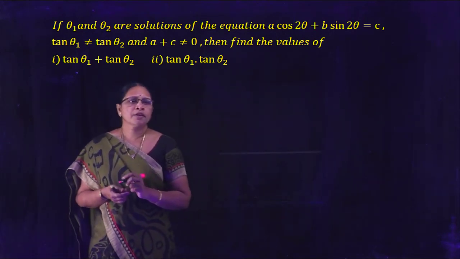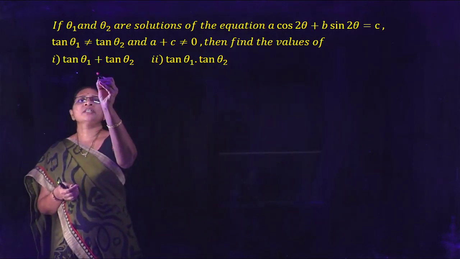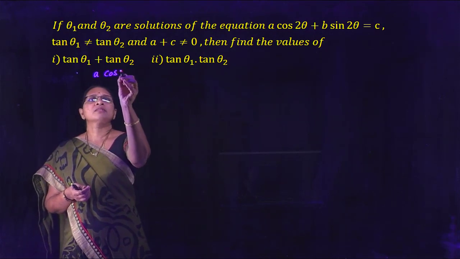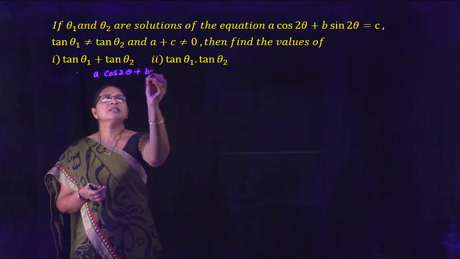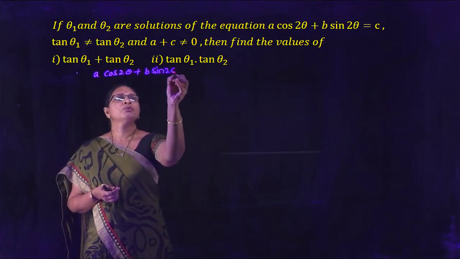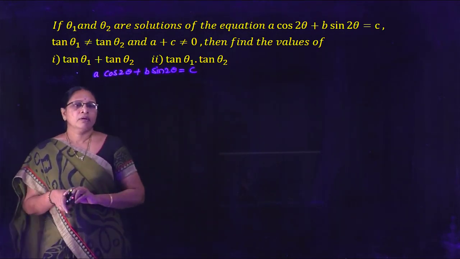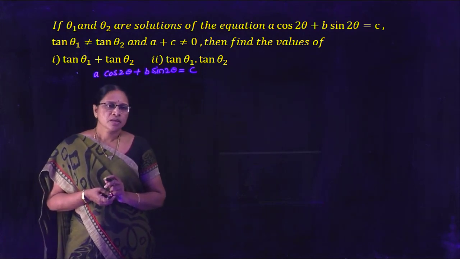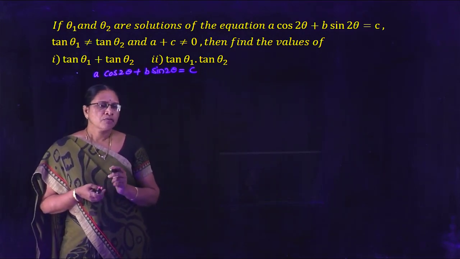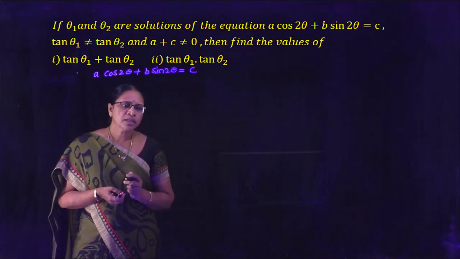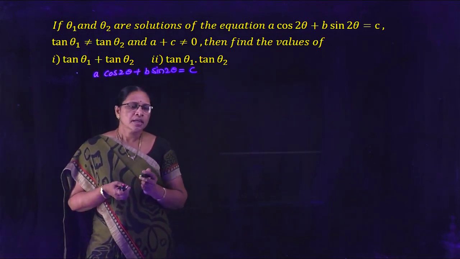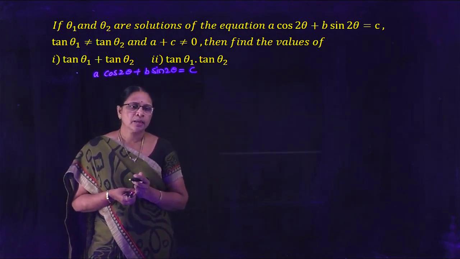According to the given problem, the given equation is a cos 2 theta plus b sin 2 theta is equal to c. In the previous classes, we already learnt the formulas for cos 2 theta and sin 2 theta in terms of tan theta.